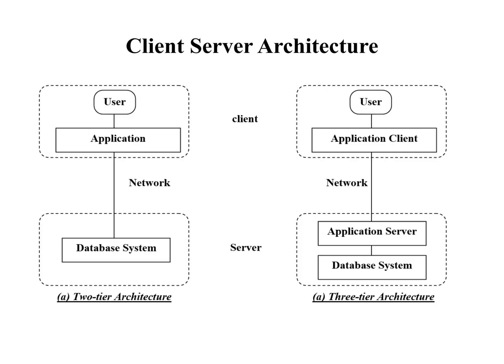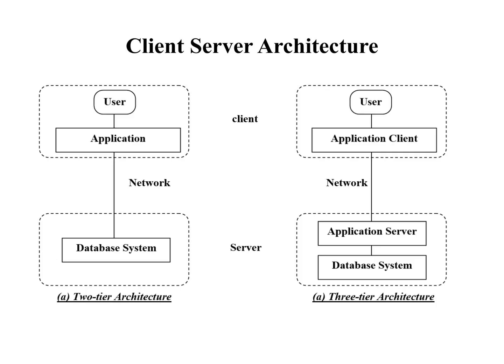In the three-tier architecture, the user and application client are connected through a network connection, and the database system is connected to the application server. Then from the database, data are collected and passed to the application server. Then the application server passes it through the network connection to the application client and to the user.